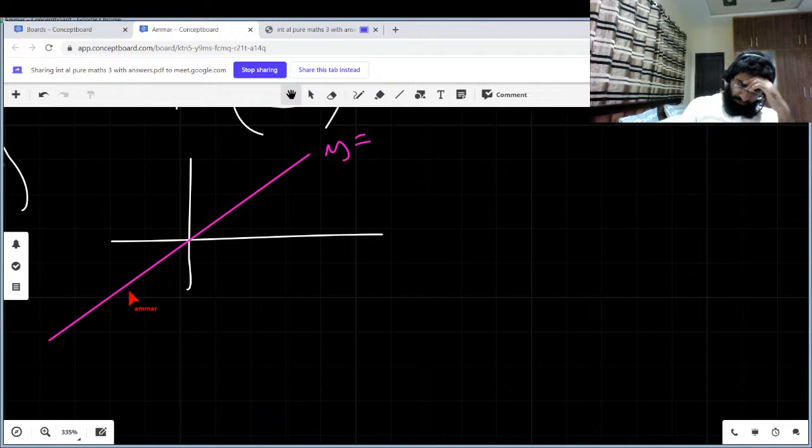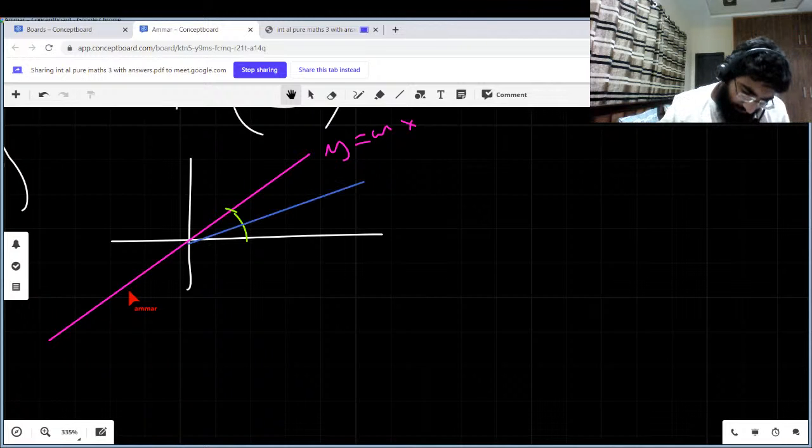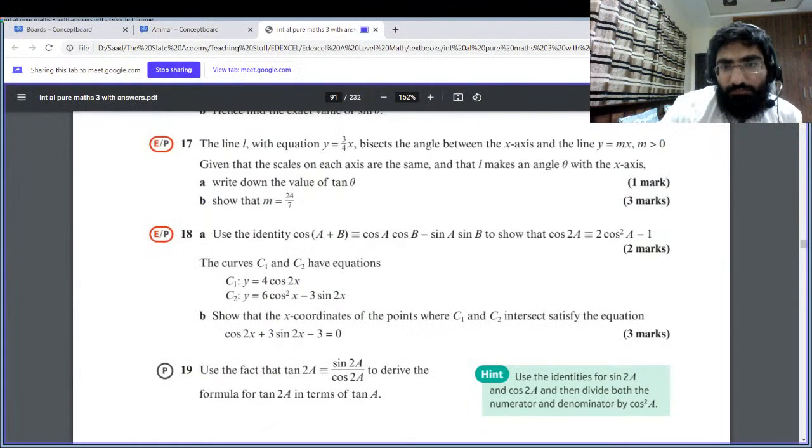Now, the other line, which is y is equal to mx, is bisected by the first one. So if this is theta over here, the other line y is equal to 3/4 x bisects the first one. So this one has gradient y is equal to 3/4 x, does it say? Yes.